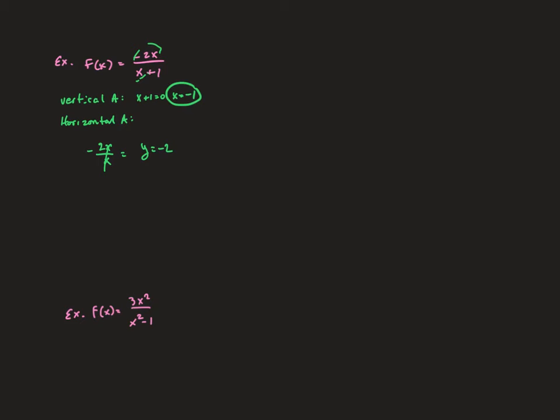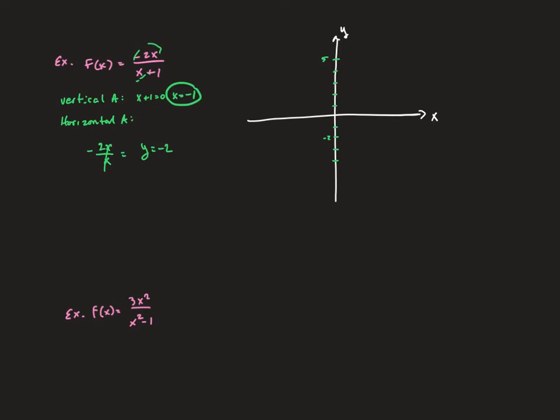So when I go to graph these, let's just plug this in, right? I know that I'm going to have this point where my function will not reach at y is -2.